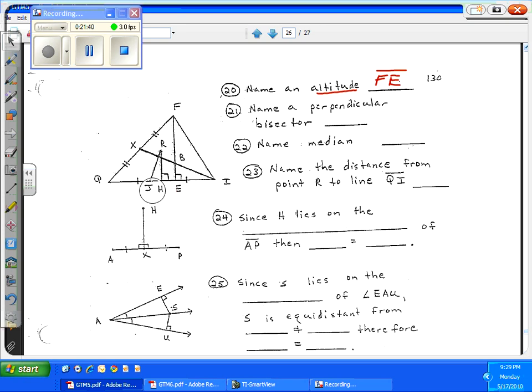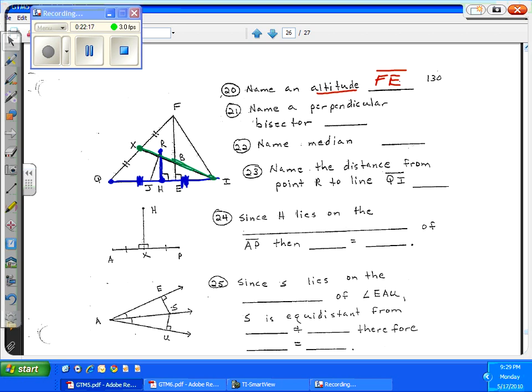A perpendicular bisector. The bisector of a segment is a point that divides a segment into two equal segments. H is obviously the midpoint. Therefore, RH is a bisector. But it's not the only bisector.